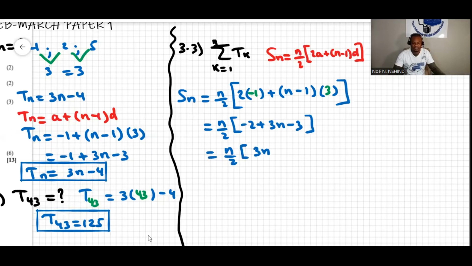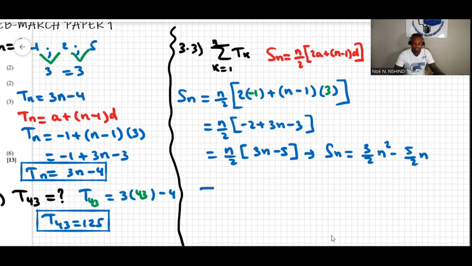That makes n over 2 times 3n minus 5. Okay, and then if I expand, Sn will be equal to 3/2 n squared minus 5/2 n. So that's Sn.